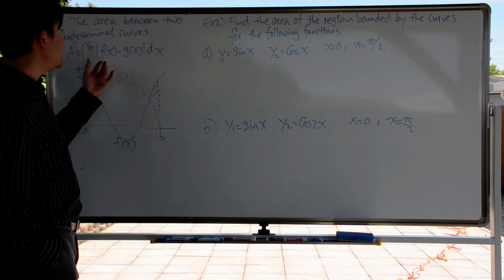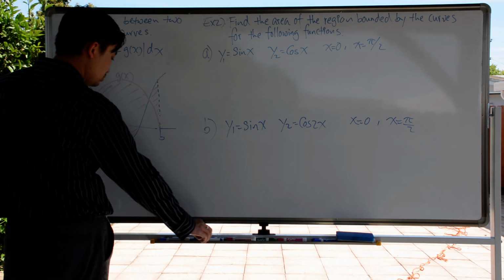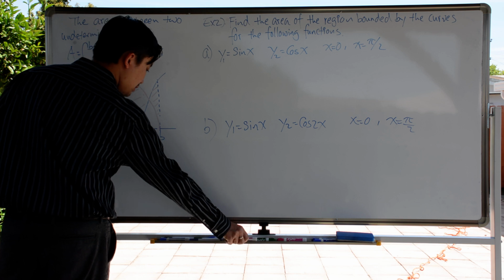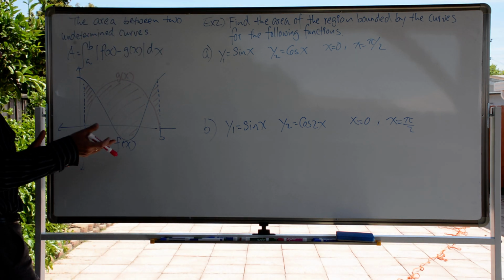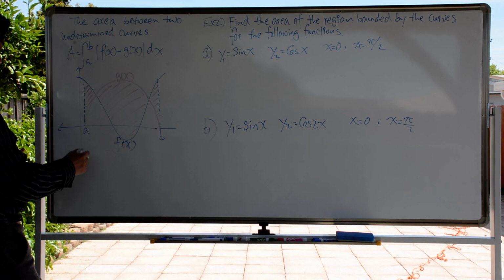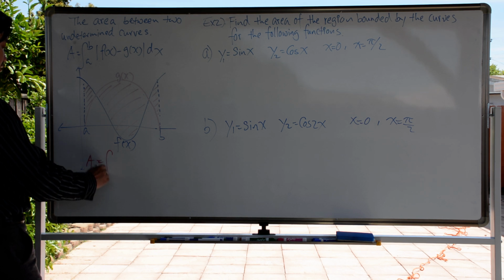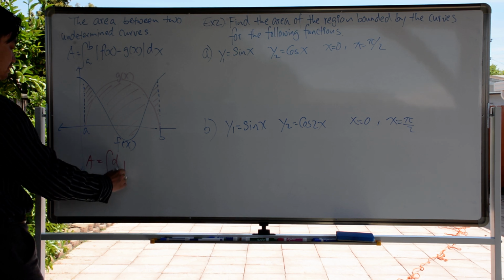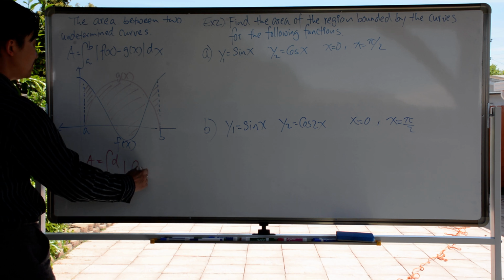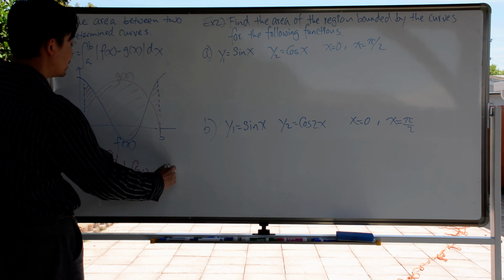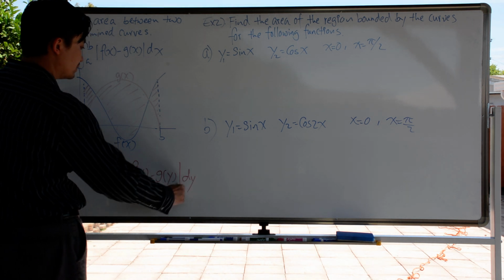What about for dy? dy is quite similar. So let's say you do have a sideways curve, and you're not quite sure which one is the right-handed, or which one is the left-handed. So basically it's quite similar. It's from c to d, and then absolute value of f of y minus g of y, and then dy.